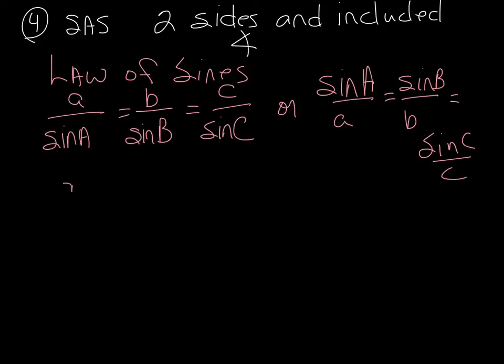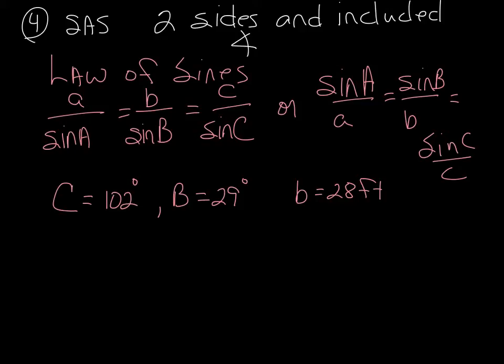If you were given that angle C is 102 degrees and angle B is 29 degrees and side B is 28 feet, I want to solve for the unknown sides and angles. Now I'm going to draw a triangle. It's not drawn to scale, obviously, but if angle C is 102, we know it's more than 90. So we'll just say that this is 102 degrees.